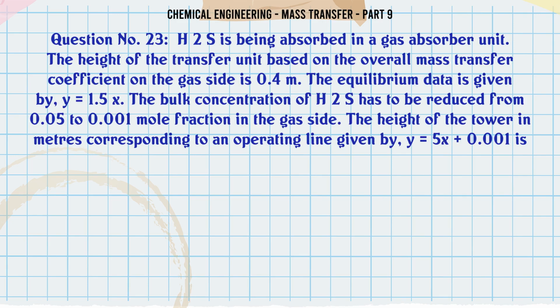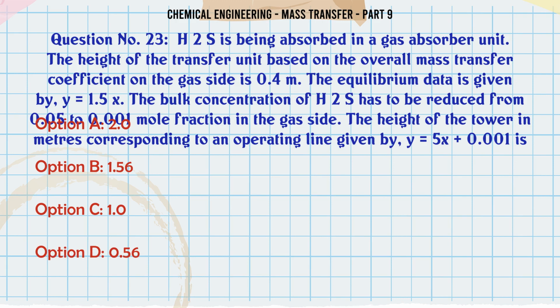H2S is being absorbed in a gas absorber unit. The height of the transfer unit based on the overall mass transfer coefficient on the gas side is 0.4 m. The equilibrium data is given by Y = 1.5x. The bulk concentration of H2S has to be reduced from 0.05 to 0.001 mole fraction in the gas side.